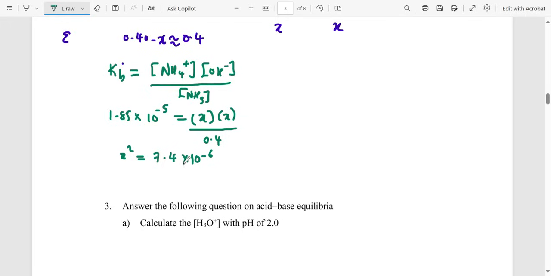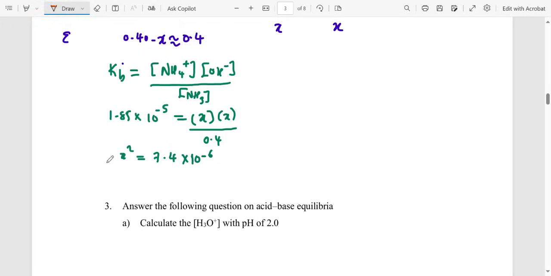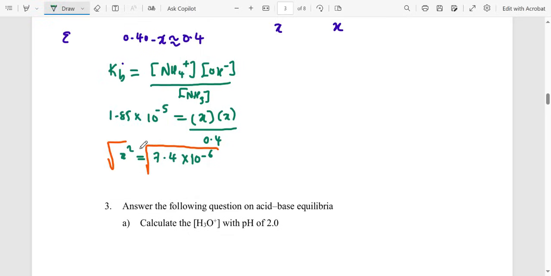So at this point now, what you do is you square root both sides so that you can remain with the value of x. Square root there and also square root here. Therefore, the value of x here, if you square root, is going to be equal to 2.72 times 10 to the power negative 3.